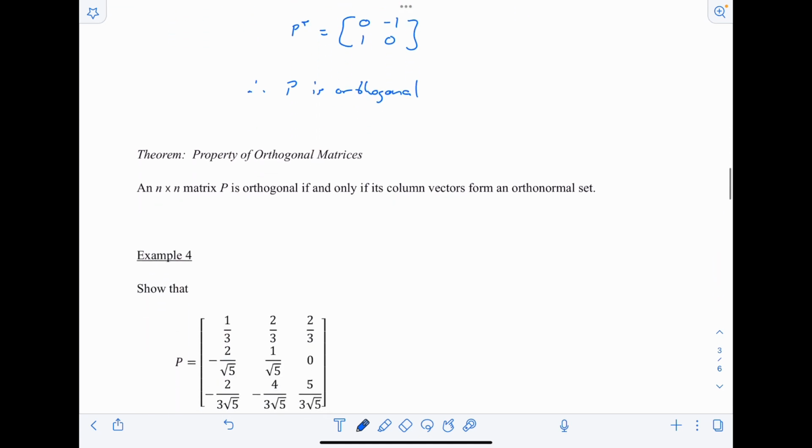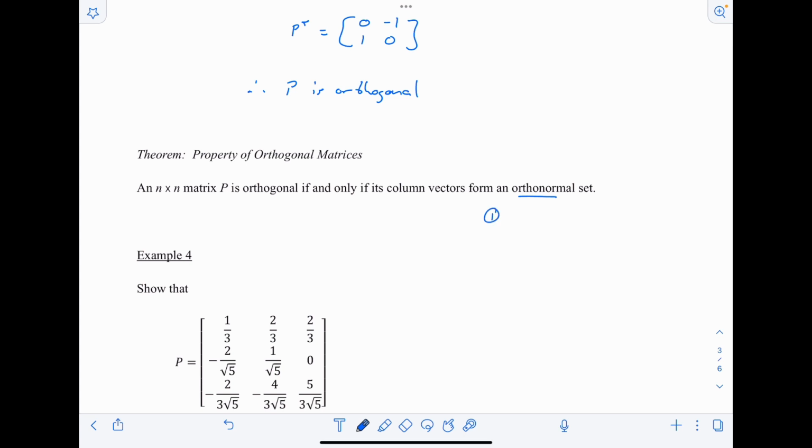All right, so then we've got a theorem related to the property of an orthogonal matrix, and it says an n by n matrix P is orthogonal if and only if its column vectors form an orthonormal set. You may remember orthonormal. I think this was back in chapter 5 that we talked about this. There were two conditions in order for something to be orthonormal.